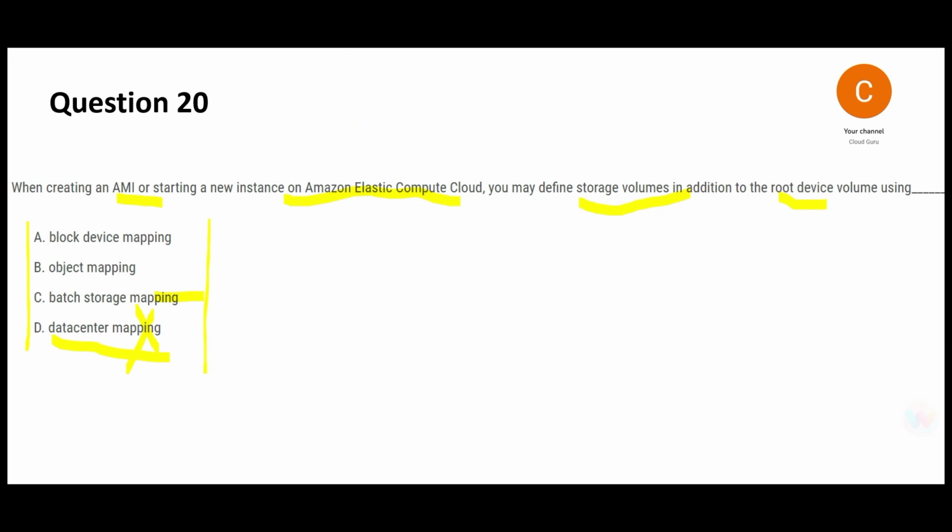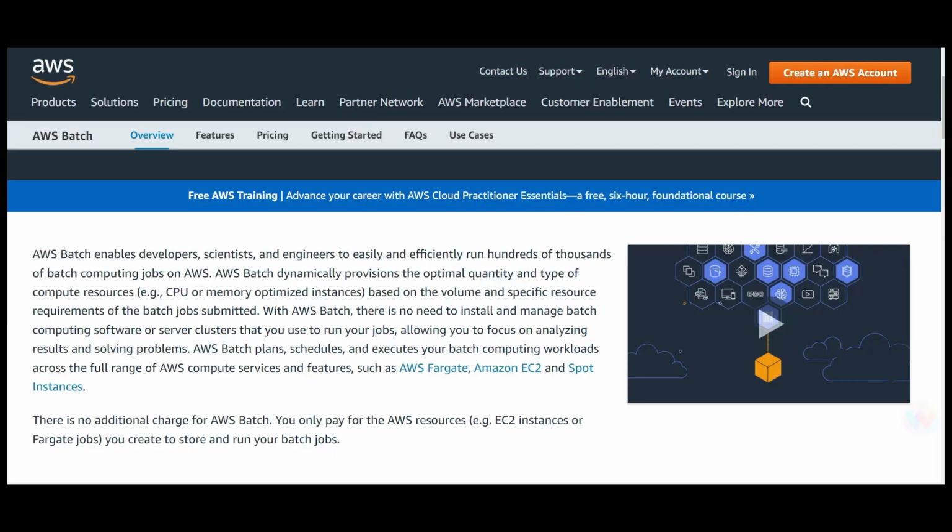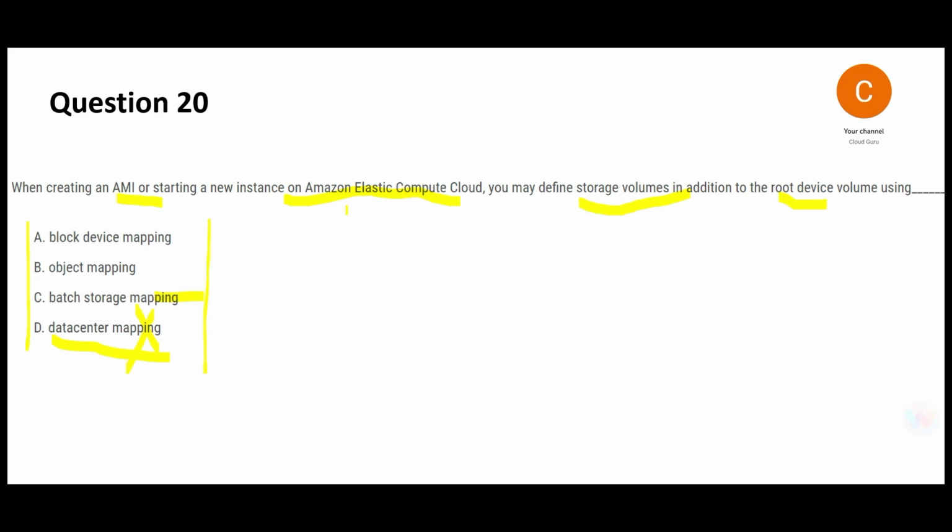AWS Batch is a service we generally use if we want to dynamically provision the optimal quantity of compute. Like you got a batch job, and suppose this is Ab Initio, a lot of ETL jobs are getting executed in batches. You should very well use AWS Batch so that these jobs will never fall short of compute resources. But what is wrong with C is that in this question, we are talking about a stage before your job execution starts.